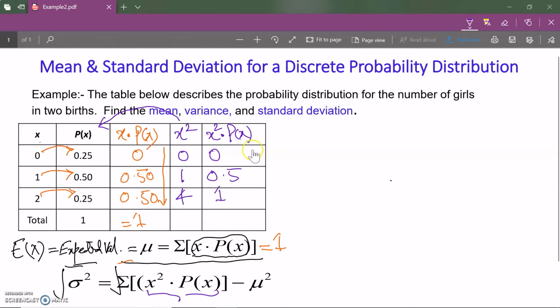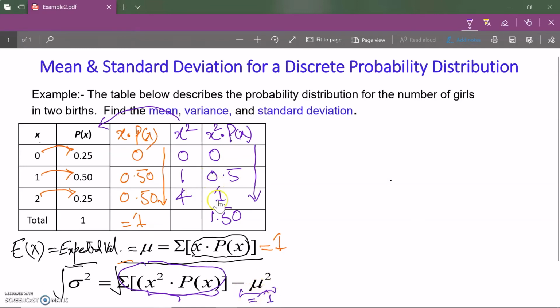Now I'm going to add all the values in this column, and this will give me the sum. It comes out to be 0 plus 0.5 plus 1, which is 1.50. So I have computed this value, and I already computed the mean, which is equal to 1.